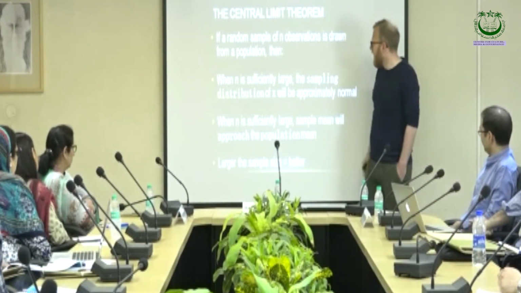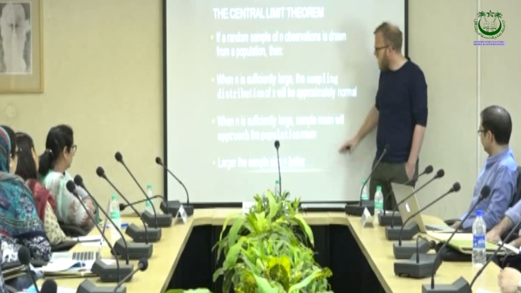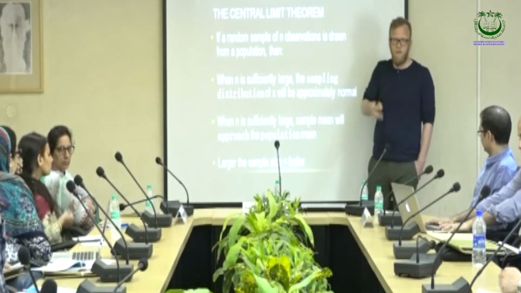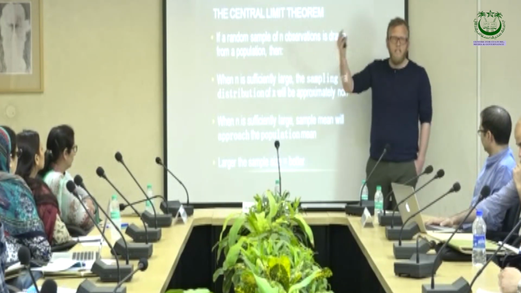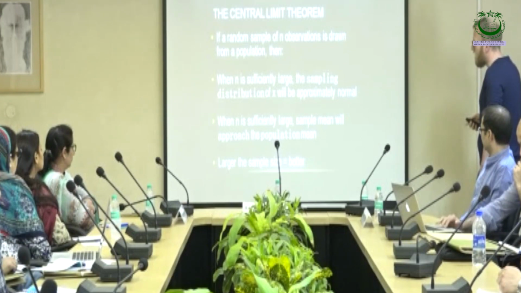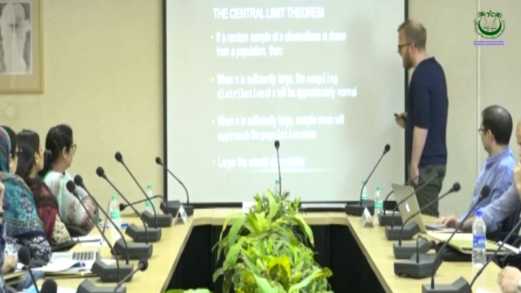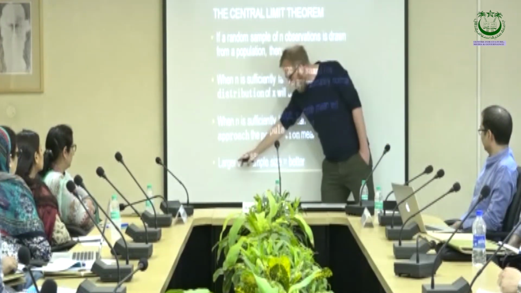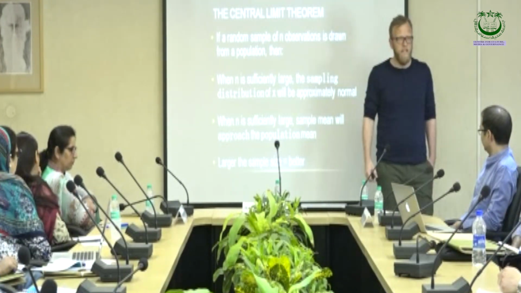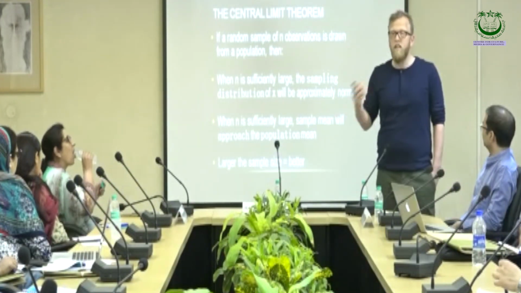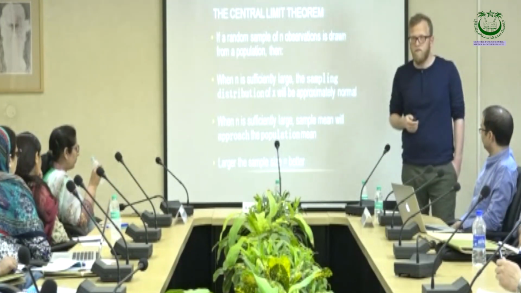So that's what we want to reach in the end: that the characteristic of the sample, in this case the mean, is equal or at least approaching the mean of the population. So when it's sufficiently large, the larger the sample size, the better our estimates about the population based on the sample tend to get.